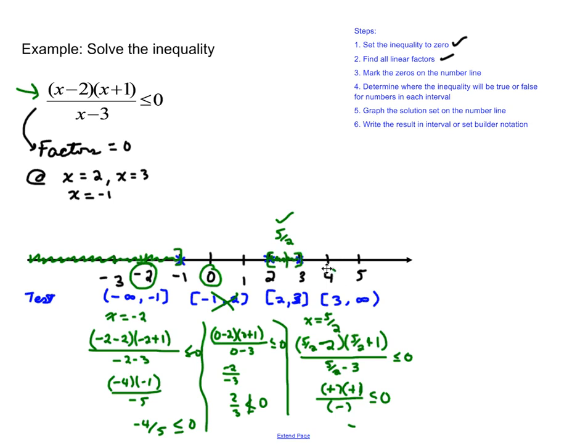All right, let's try it at x equals 4 and see what happens there. Does it work? If we put in x equals 4, let's do the same kind of analysis. Let's look at each of our factors. We would have 4 minus 2 as a factor, and that's a positive number.